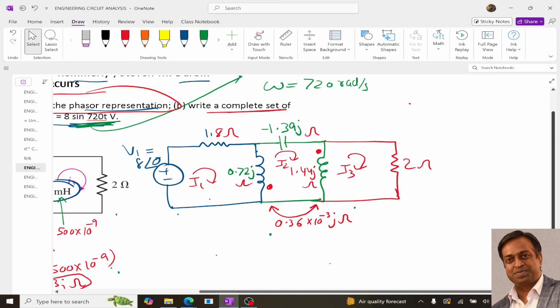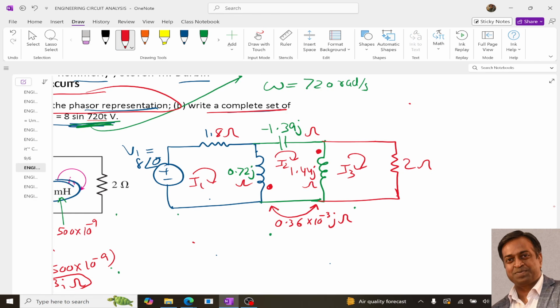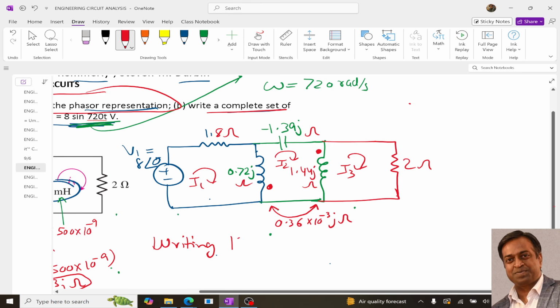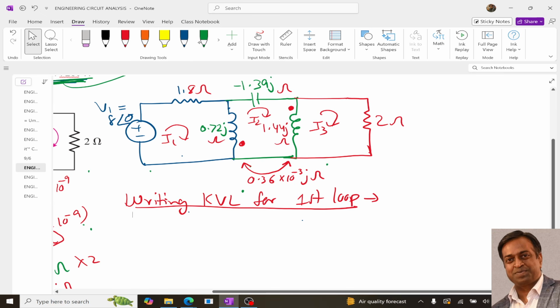Now while writing a mesh equation, the first loop, so writing KVL for the first loop. Now for the first loop, we will start from this point.